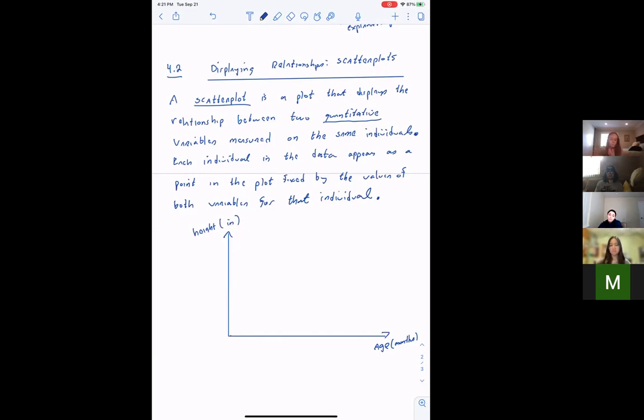Or maybe I go to a pediatrician's office and I measure toddlers and infants and young people. What do I expect to happen as the age increases? What should happen with the height for each individual that I look at? What's a pattern that I expect?